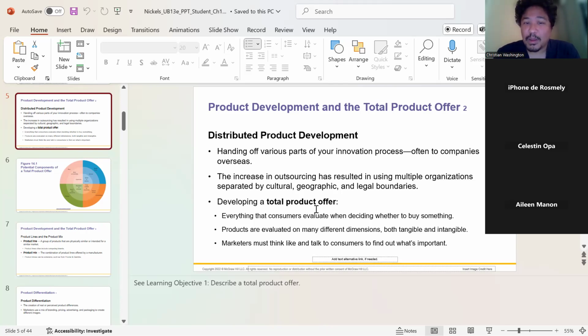So when you develop a total product offer, marketers are aware of what influences your decisions. They're aware of what you do and don't know. And in many cases, corporations have worked very hard to limit, reduce, or shape the knowledge of what you do and don't know when you're making an educated purchase.